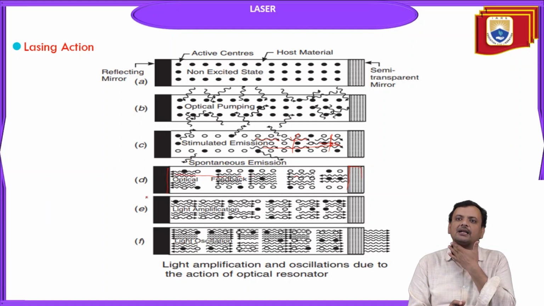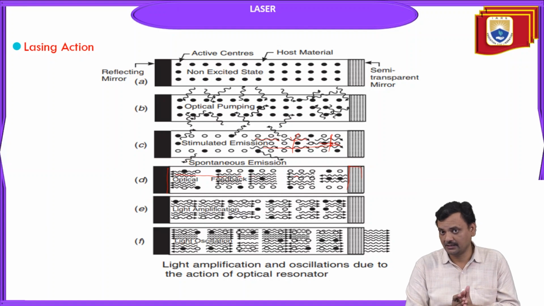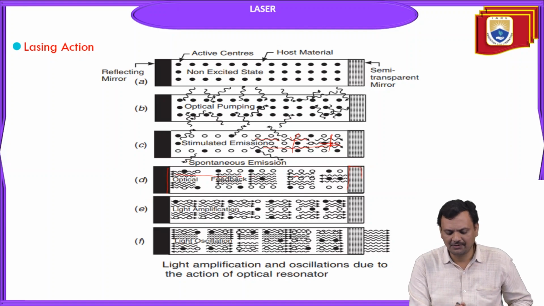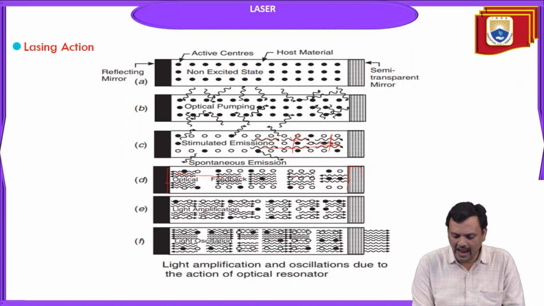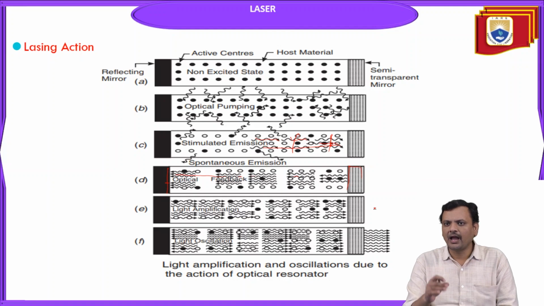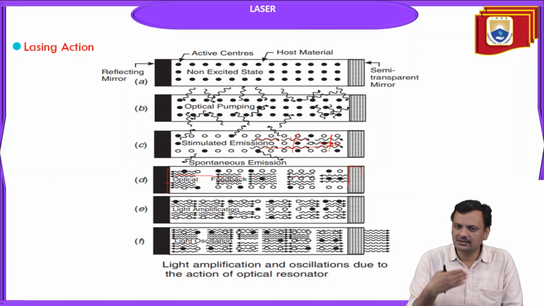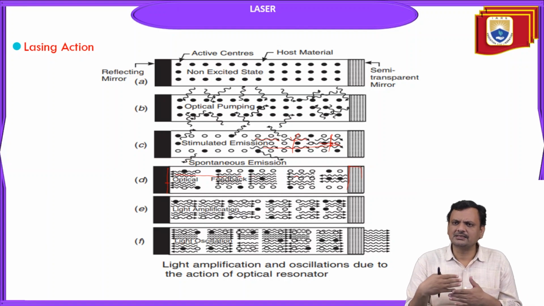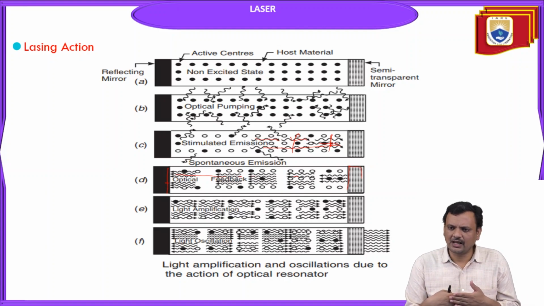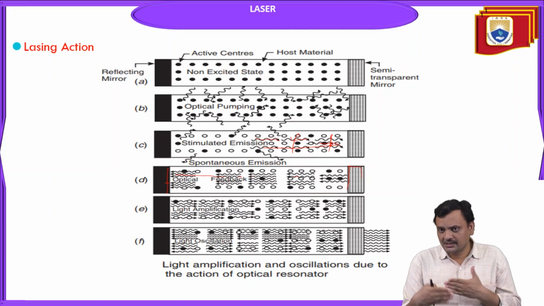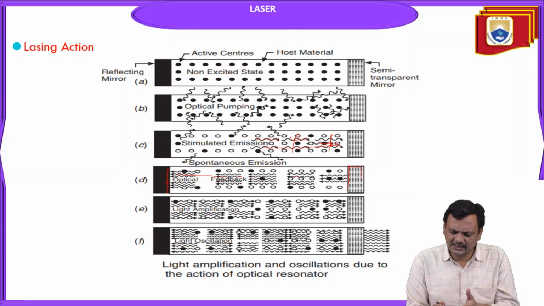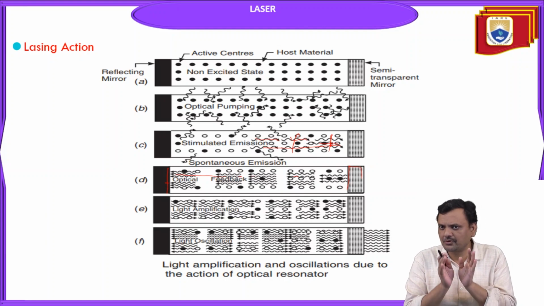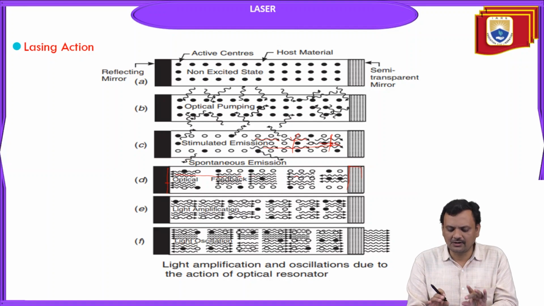This end is a fully reflecting end, a kind of mirror. So they are reflected back again, traveling in the same medium and increasing their number by stimulated emission. All the spontaneous emission, absorption and stimulated emission processes take place simultaneously, but we have to focus only on stimulated emission.